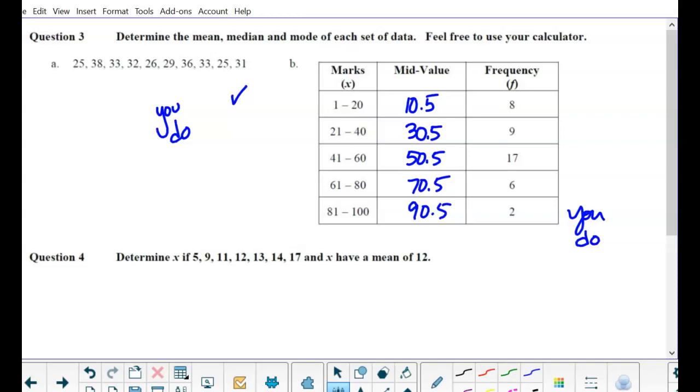Okay, so you have, I'm not sure on your notes. Don't have your notes right in front of me. You may have a little bit of information there about the odd number of data, what to do, and the even number of data.